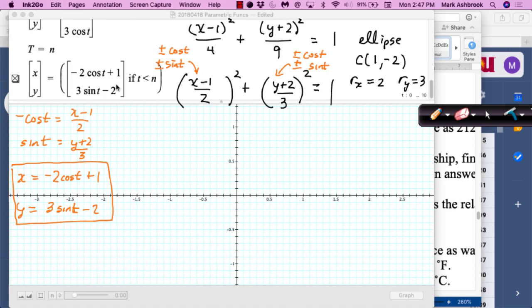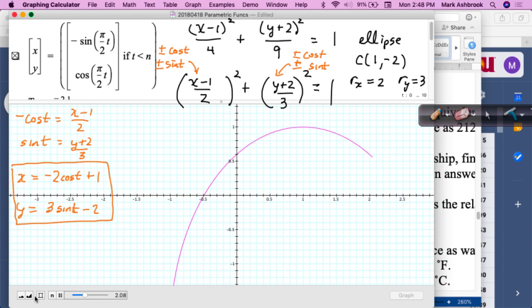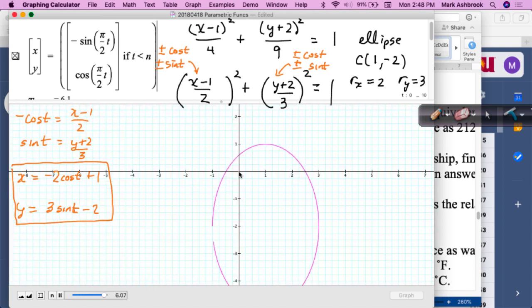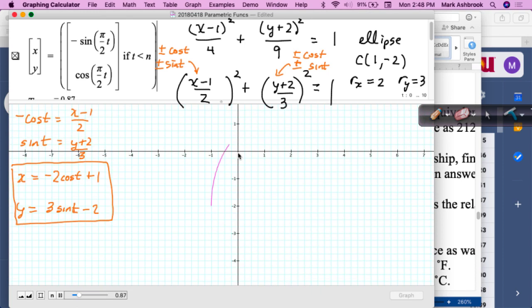So is that what we came up with right there? So t equals 0 gives me the left side of the ellipse, and this particular choice for cosine and sine means it'll generate it clockwise for increasing t.